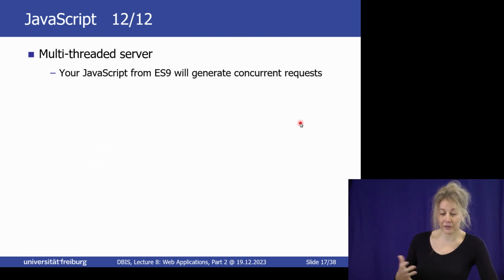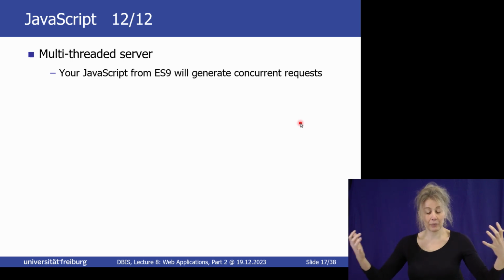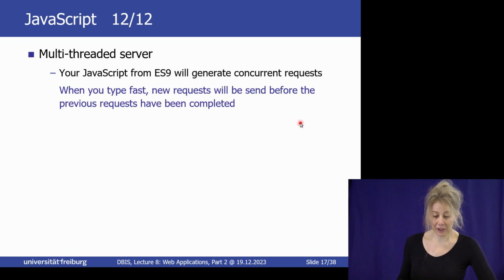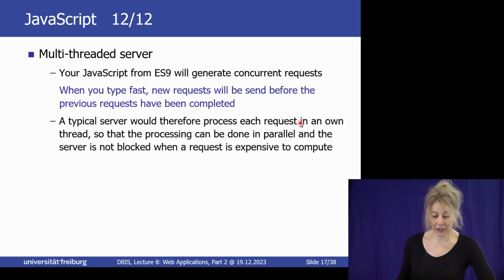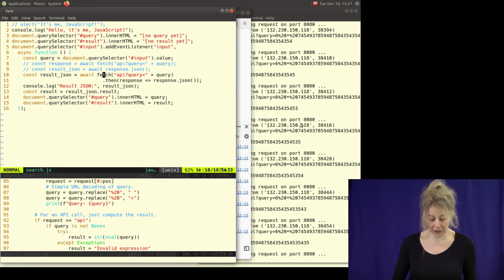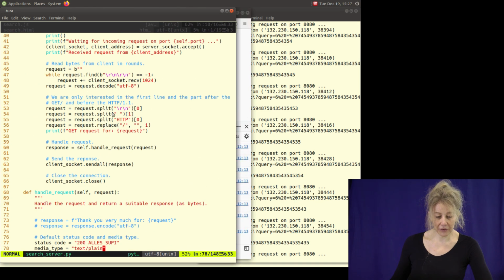Every reasonable server which processes stuff coming in from one side or from many sides at the same time will want to be multi-threaded, right? So a typical server, what it would do, and it would actually be very easy to do in our code. Let's go to the Python code one more time. What does it do?